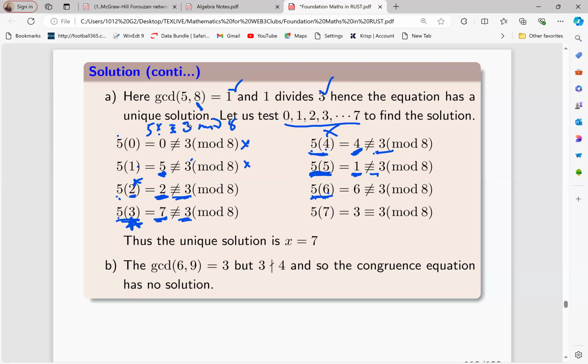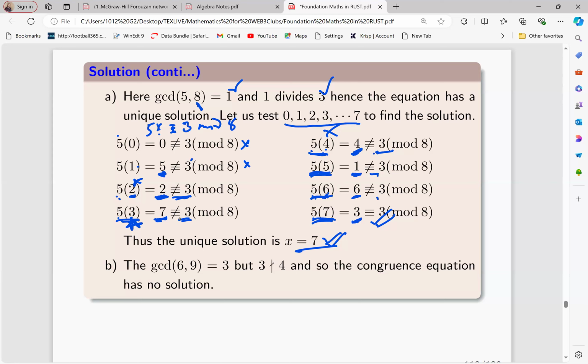Mod 8, that will be 6, which is not 3, and therefore 6 is not a solution. Now 7: this will be 35. 8 into 35, the remainder will be 3, which is what we are looking for. And therefore 7 is a solution. So we've used trial, and we've obtained a result. You can see there is only one result when you try all those numbers.